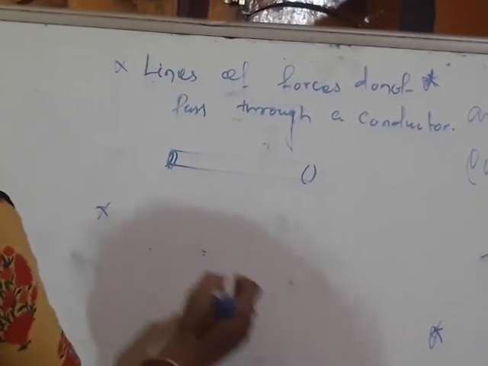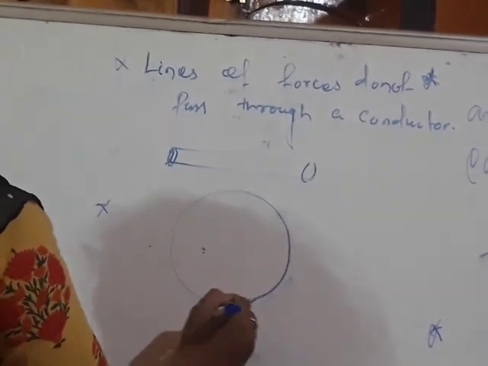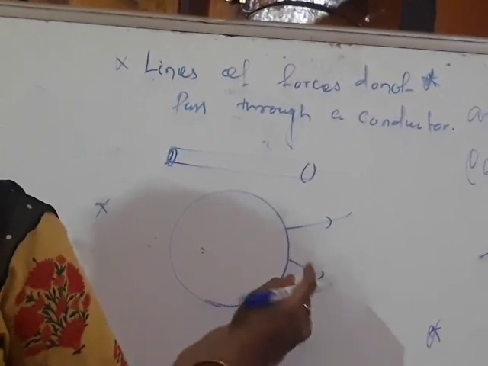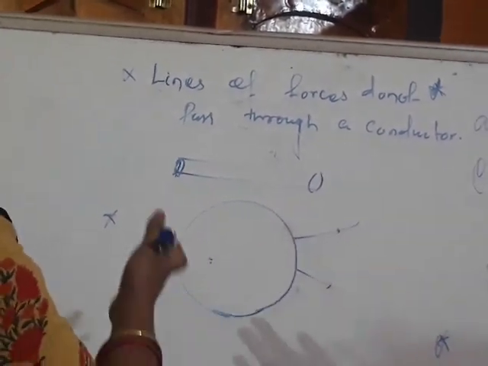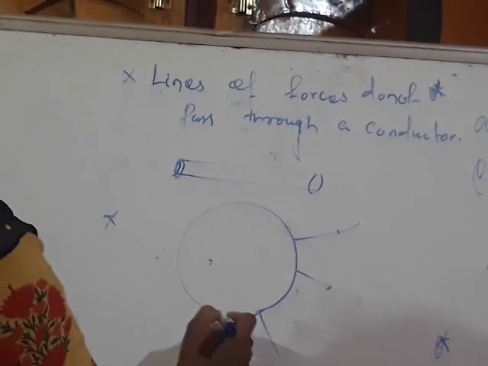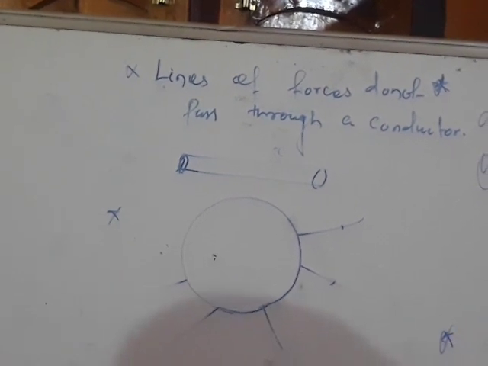And next, if we take a spherical conductor, the lines of force always move normally, perpendicular to the surface.